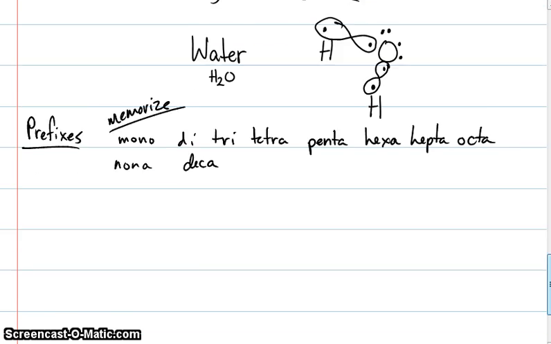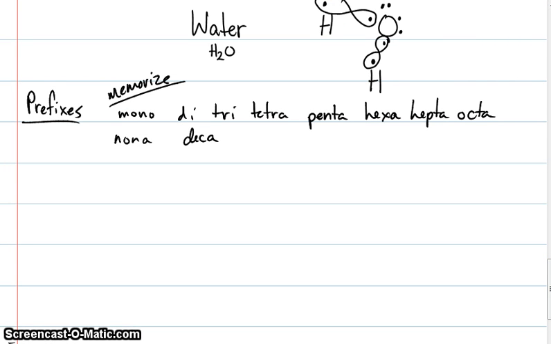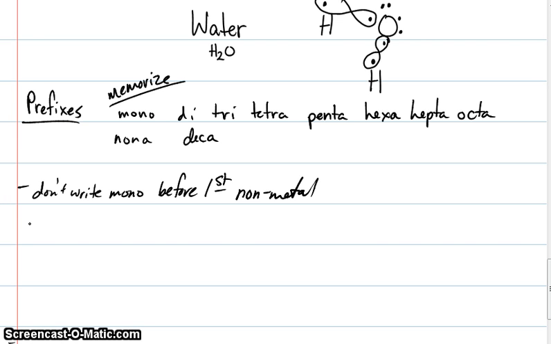Okay, next, let's look at a couple rules. Rule number 1, don't write mono before the first nonmetal. You can write it before the second, but don't write it before the first. Prefixes indicate subscripts, or the number of atoms present.